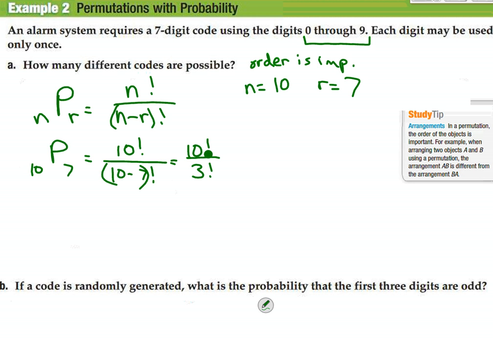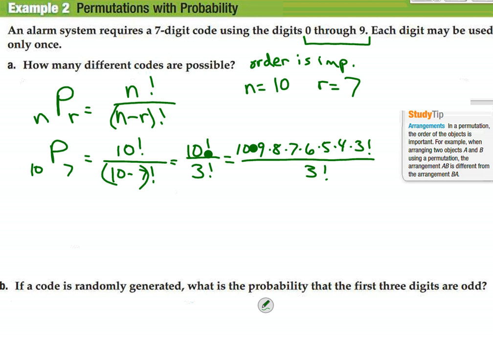Really our mathematical way to do that is 10 times 9 times 8 times 7 times 6 times 5 times 4 times 3 factorial over 3 factorial.